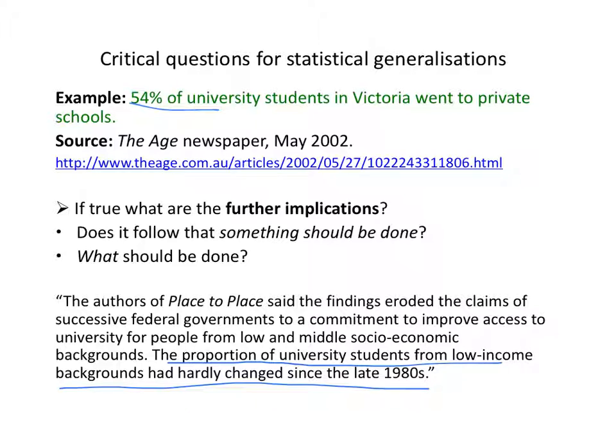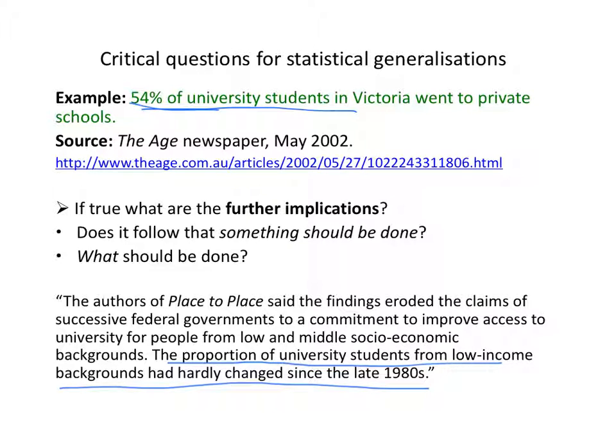This doesn't say anything about people from low and middle socio-economic backgrounds. It says something about the proportion of university students who went to private versus public schools. So that raises the question, well, what proportion of public versus private school students are from low to middle socio-economic backgrounds?